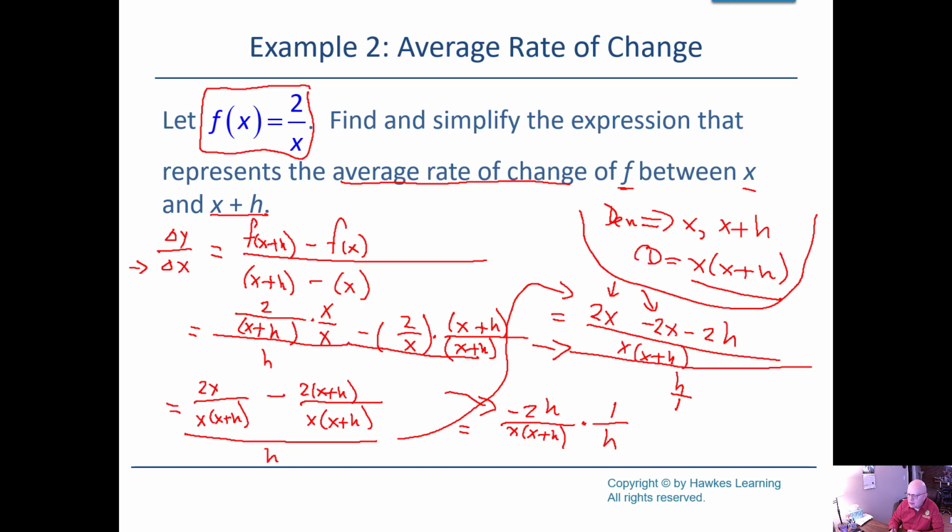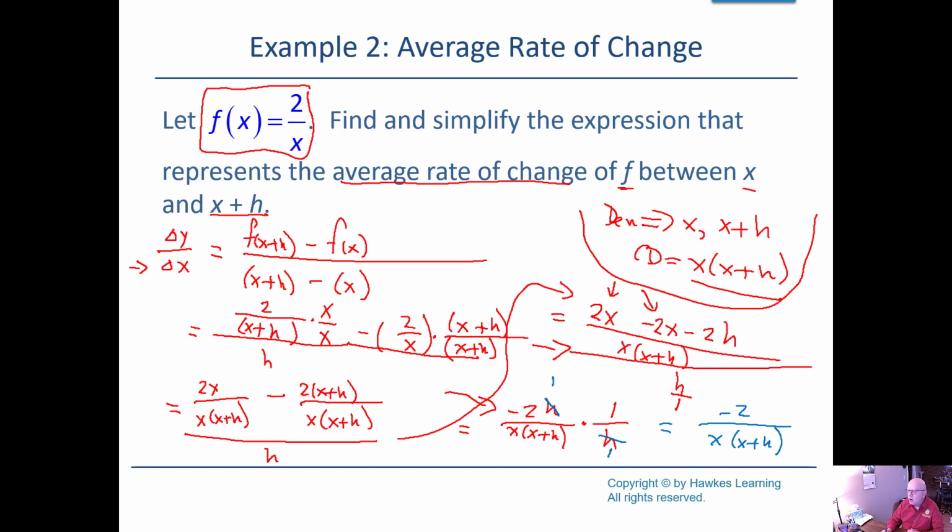Let's get this color. So we can cancel this h, get a 1, cancel this h, get a 1, and what do we have? On the top we'll have minus 2, on the bottom we'll have x times x plus h.